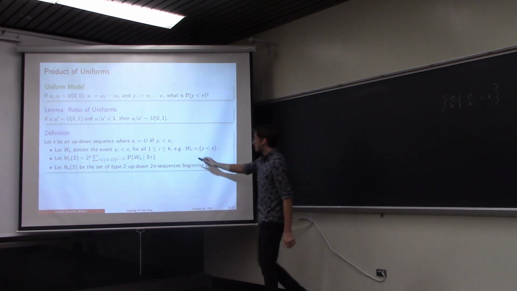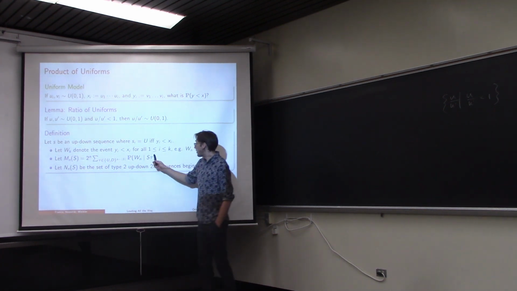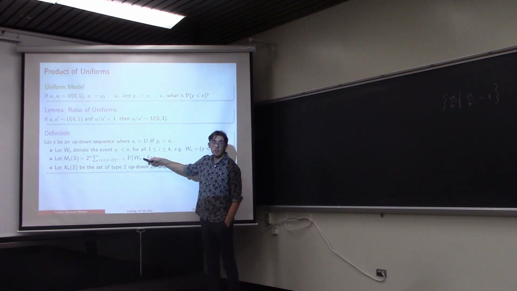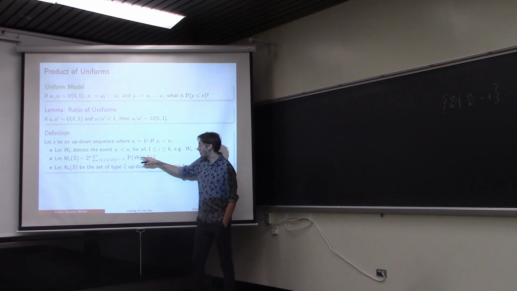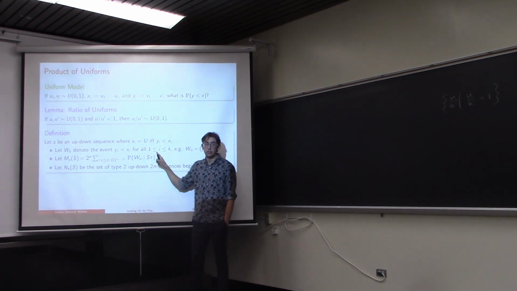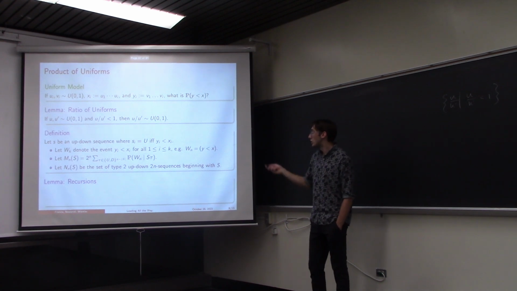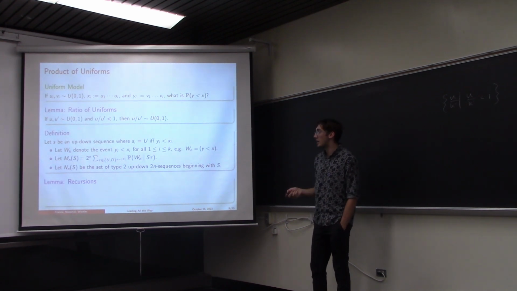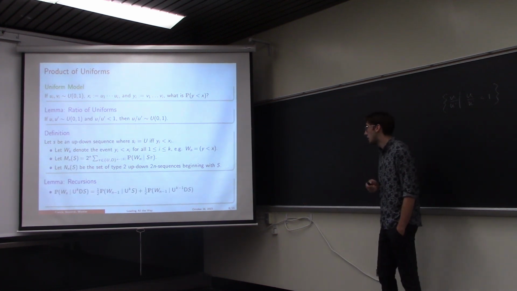These might seem kind of weird, but the reason that we multiplied by 2^n here is because the probability of this happening is always 1 over 2^n. So this 2^n turns this into an integer. And this N_n of s is also an integer. The point is that we're going to show that M_n of s and N_n of s satisfy the same recursion, and then we're going to show that they're the same by showing they satisfy the same recursion. Or something kind of like that.